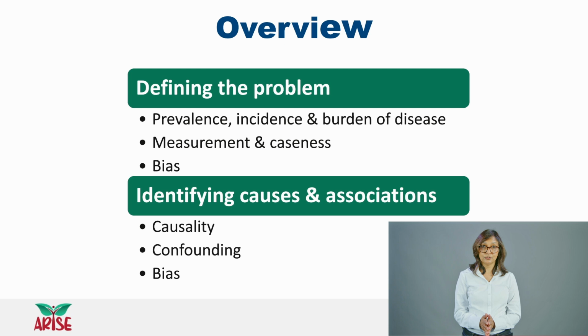At this stage, we also make sure that we think about sources of bias. We will then touch on identifying causes and associations, keeping in mind the principles of causality as well as confounding and bias. I will discuss the meaning of each of these items along the way.